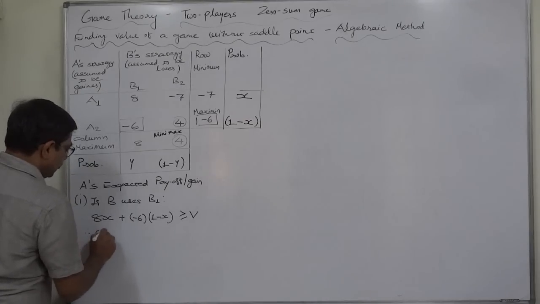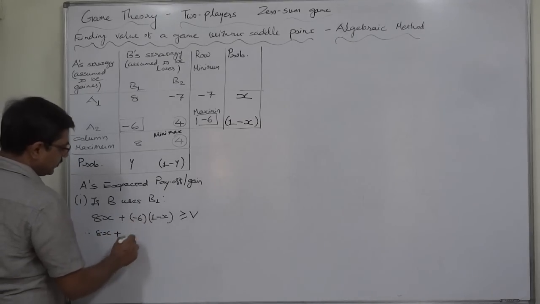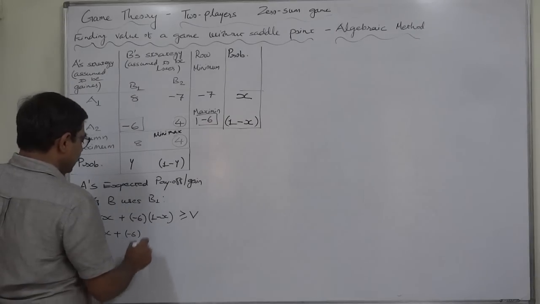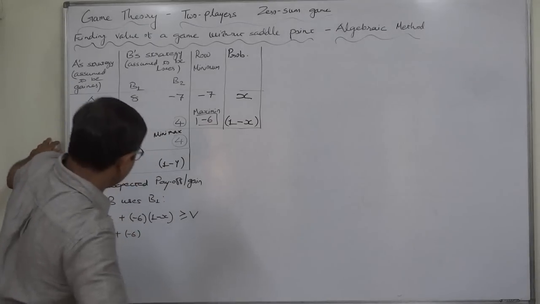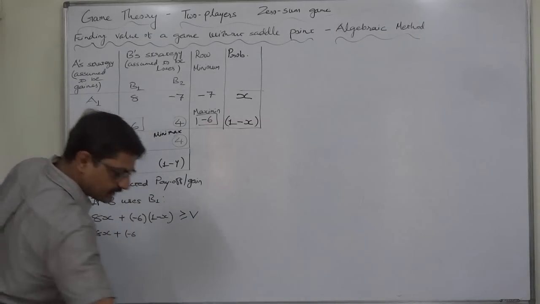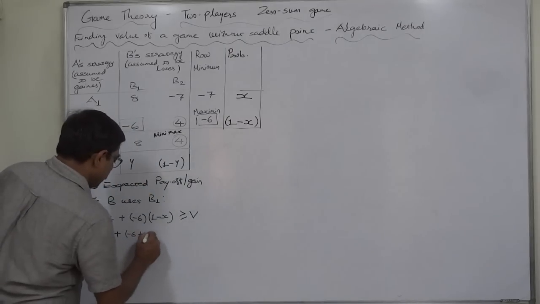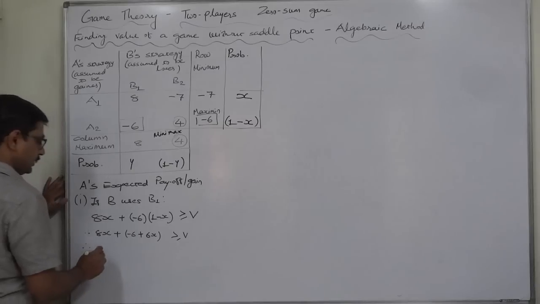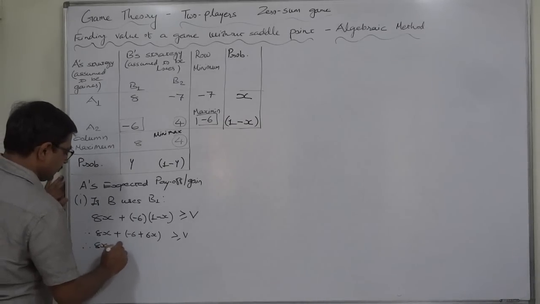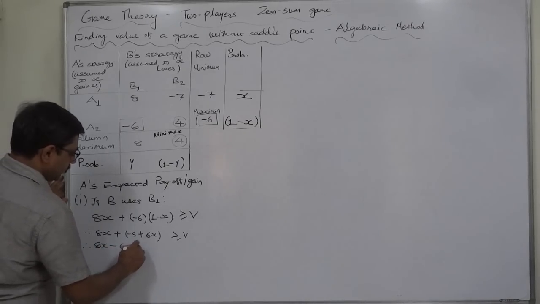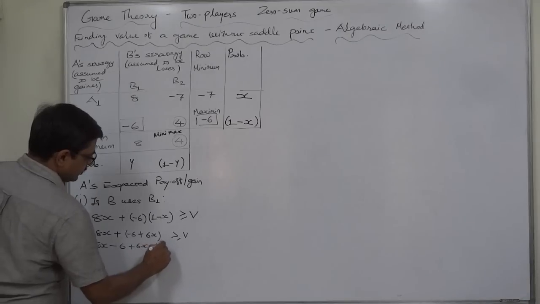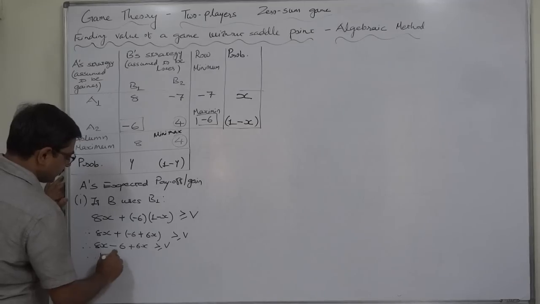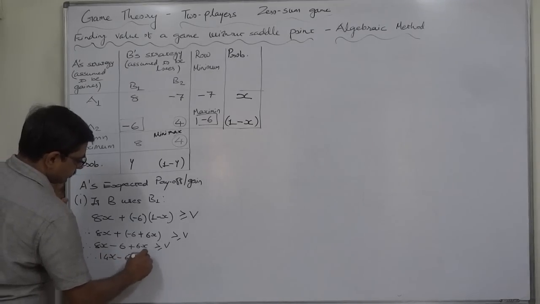So it will be 8x plus minus 6 into 1 minus x, and minus 6 into minus x will be plus 6x. So it will be 8x minus 6 plus 6x, and ultimately it will be 8 plus 6, 14x minus 6.